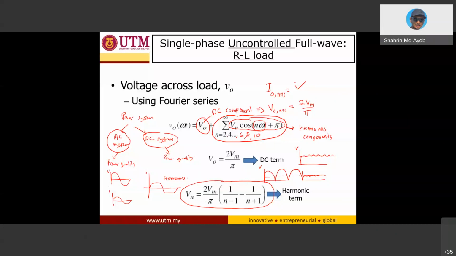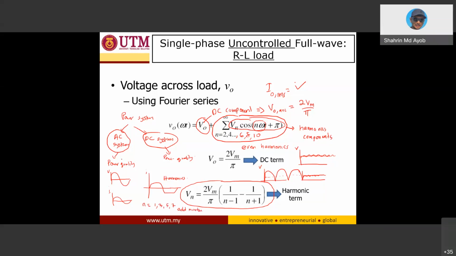So it has the DC component plus some harmonics, which we call even harmonics because the numbers are even. For the AC system, the harmonics start from 1, 3, 5, 7, so all are odd numbers.